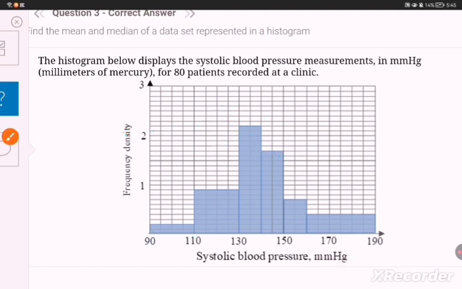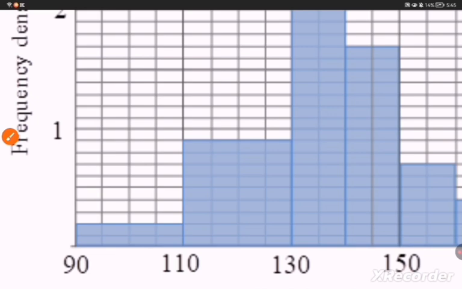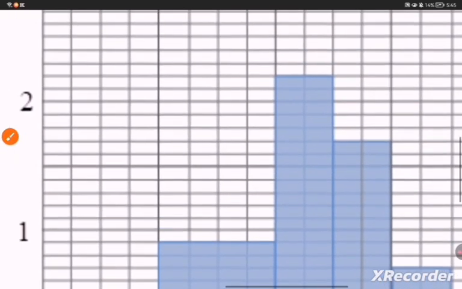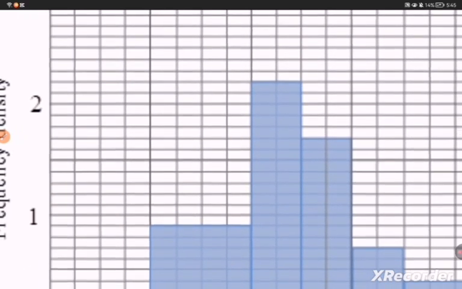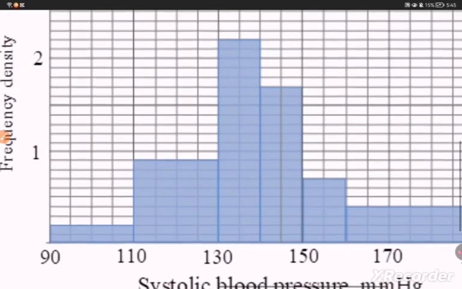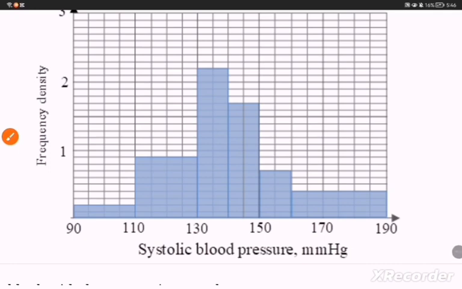So, for the first one, the frequency density is around 0.2. Second one, frequency density is 0.9. Third one, frequency density is around 2.2. And then 1.7. And then 0.7. And then finally 0.4.